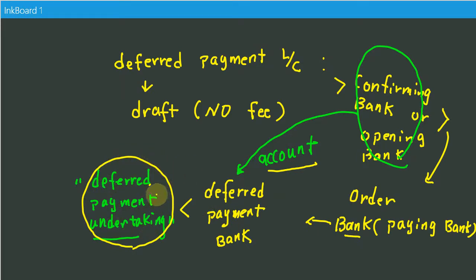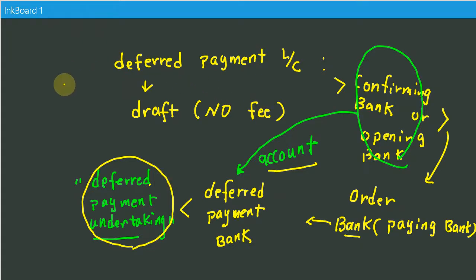This is a sort of document, right? A document proving that on a certain day later, the deferred payment banker will pay the beneficiary the amount. Okay.